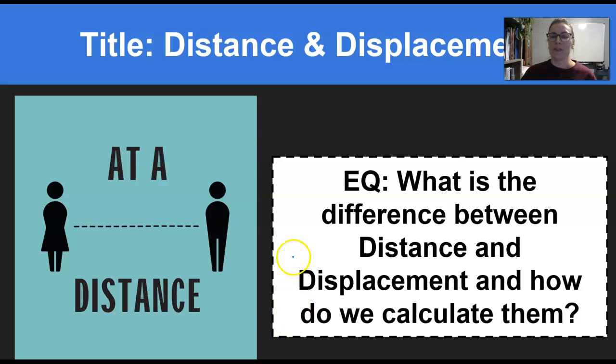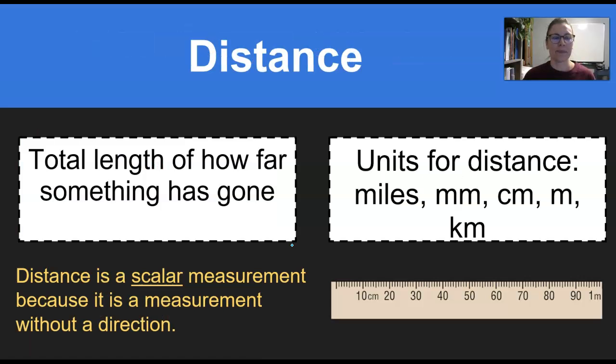All right, so our essential question for these notes is, what is the difference between distance and displacement, and how do we calculate them? Distance is the total length of how far something has gone.